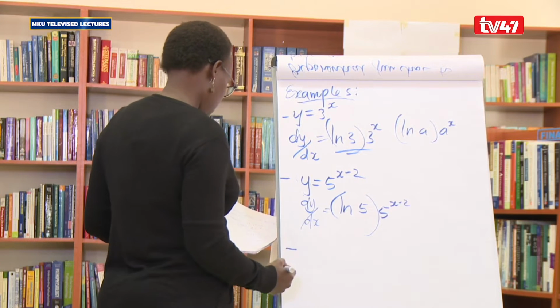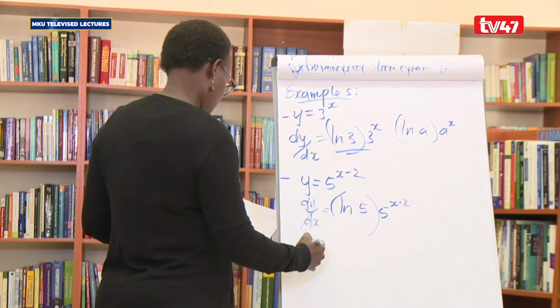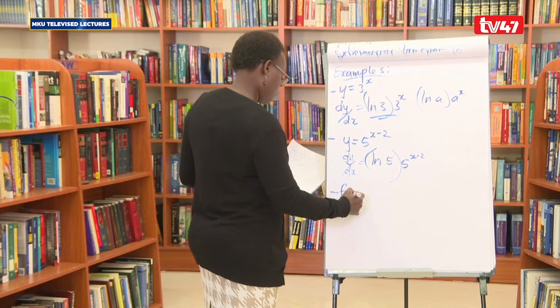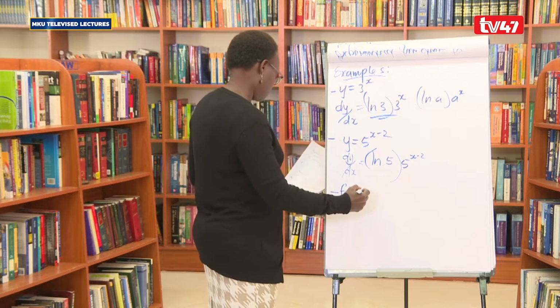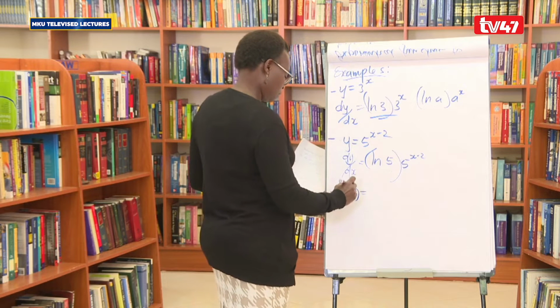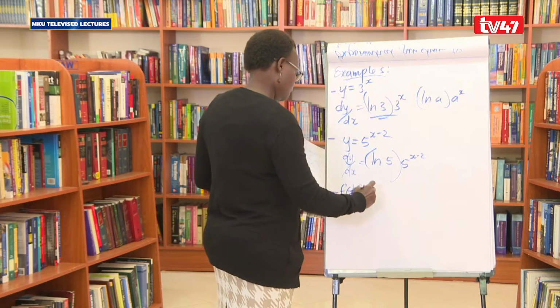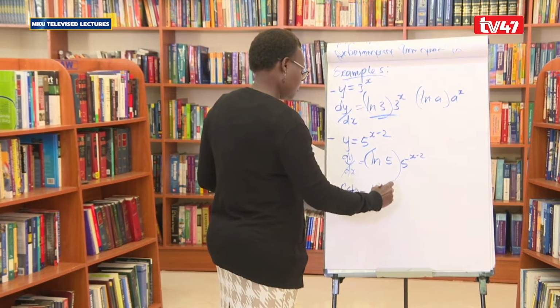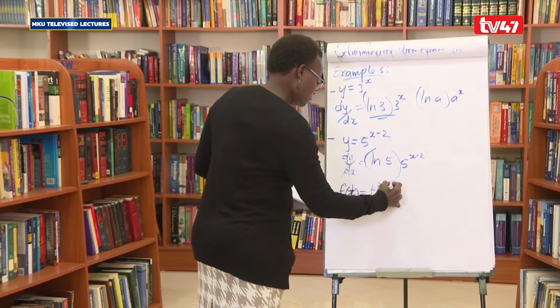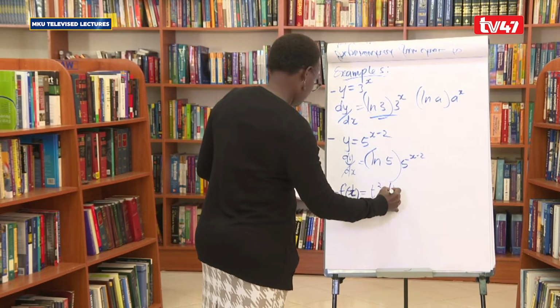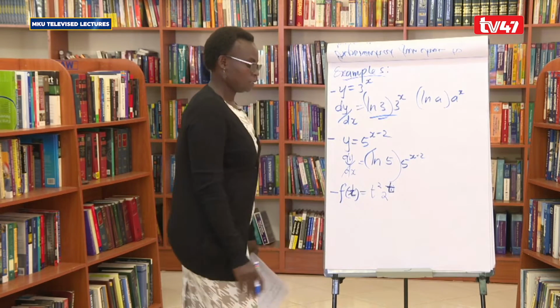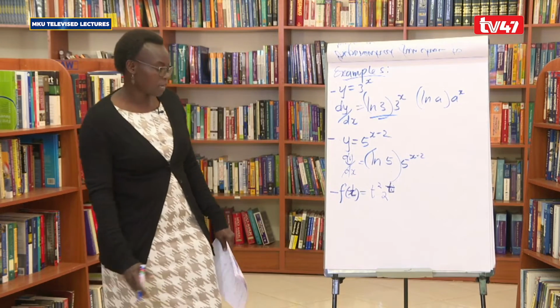We can introduce a product. So we have f of x or f of t. Let's change the variable. F of t is t squared times 2 to the t, or 2 raised to power t.